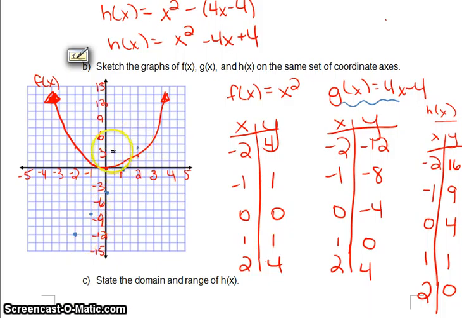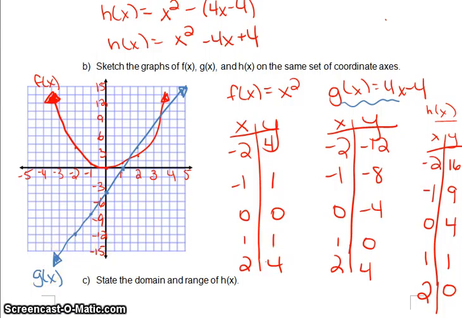Connecting that should hopefully create a nice straight line. Alright, so hopefully it'll look like a nice straight line there. And we'll label that one, so remember, don't forget to label your graphs so I know which one is which. And this blue one here was g of x.